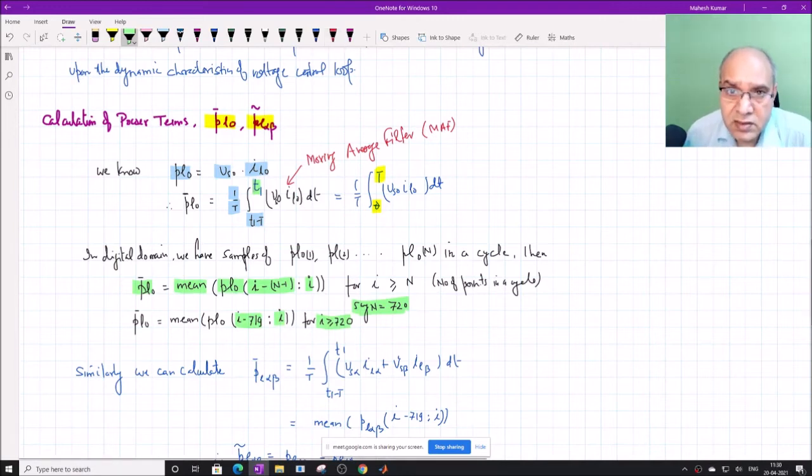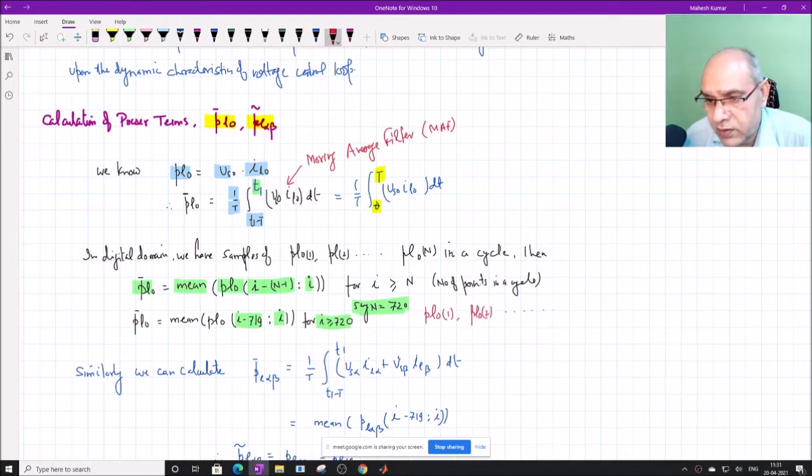In other words, we have the samples of PL0 as 1, then 2, and so on till we have PL0 720. Now when i is equal to 720, the buffer is ready for the computation of the average component.